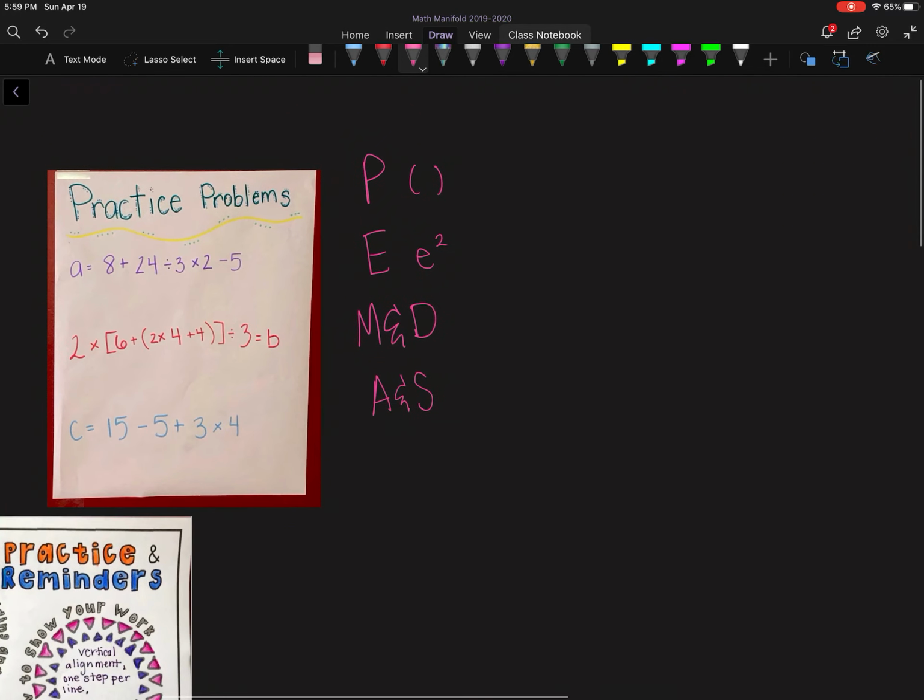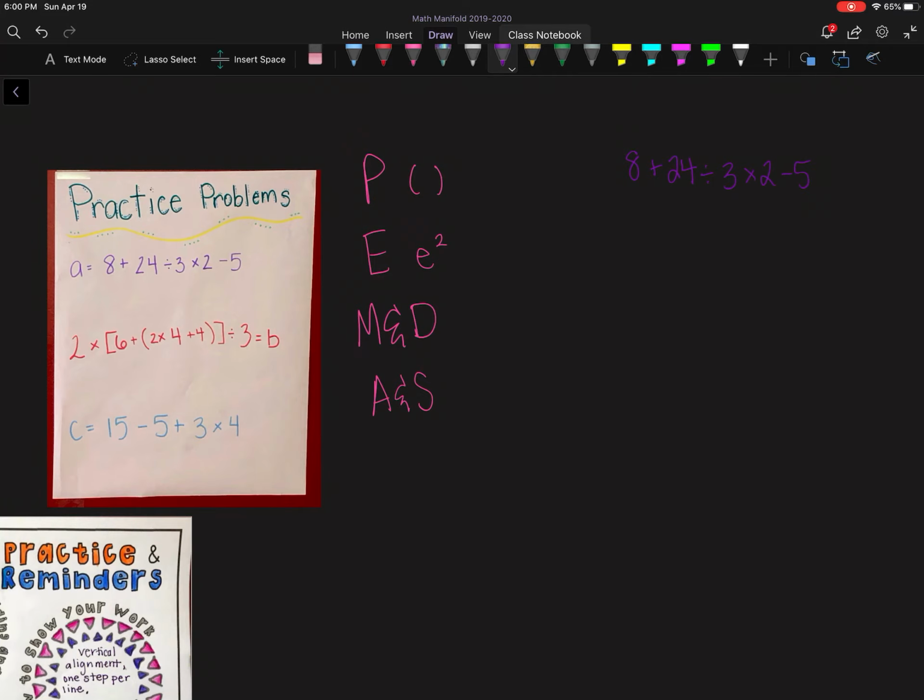So if we look at our first problem and we're trying to solve for A, one of the things I mentioned in my video is how incredibly important it is when we are going through and solving to vertically align all of my work.